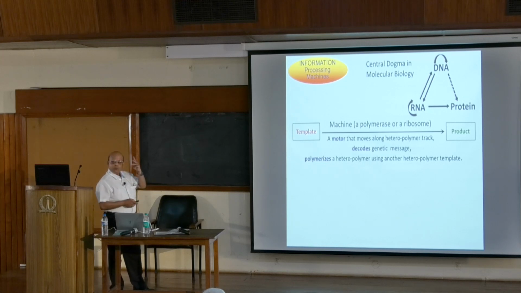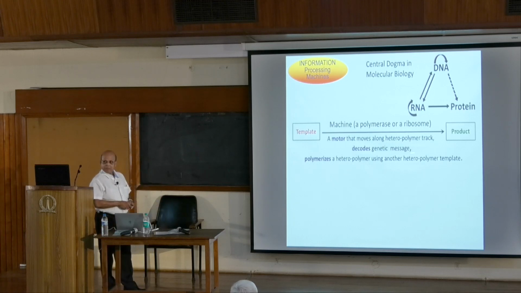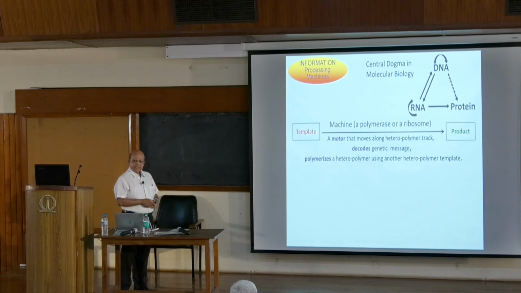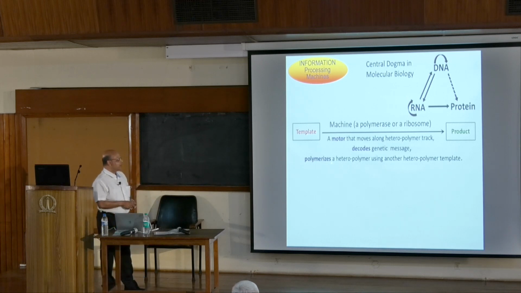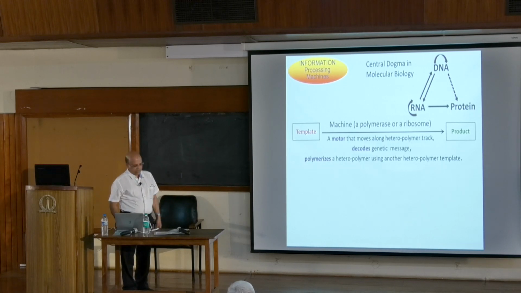Like other motors, they move along a heteropolymer track, which is actually the template. They decode the genetic message encoded in the template. And third, they polymerize a new heteropolymer using the heteropolymer on which they are moving as the template. This can sometimes be seen as even more interesting than just porters or rowers.